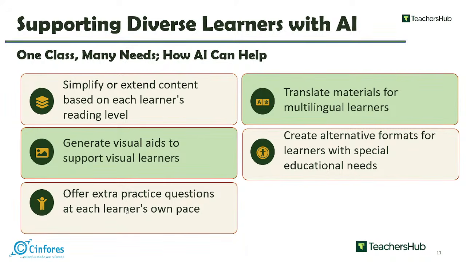AI can also help generate visual aids that will support the visual learners. Like I said earlier, some learners learn more when they see. So I can be explaining the water cycle, or the concept of photosynthesis, and I say, okay, the water, rain falls, evaporation, condensation, I'll just be saying it.